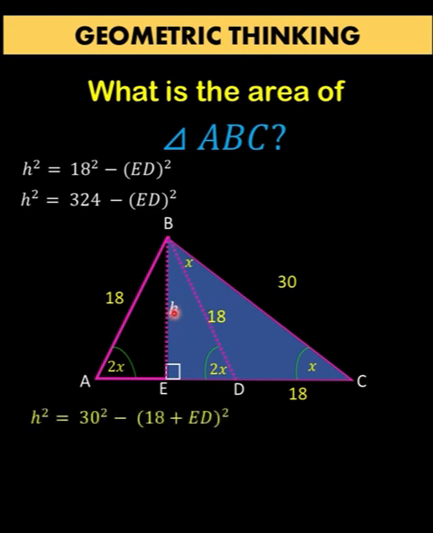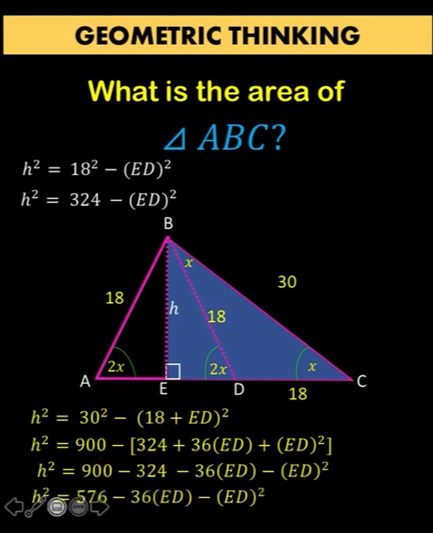So h squared, which is the square of one of the legs, is equal to the difference between the squares of the hypotenuse, that is 30 squared, and the remaining leg, which has a length of 18 units plus whatever is the measure of segment ED, and square that. 30 squared is 900, and this is a square of a binomial that is expanded this way, and further simplifying, we arrive at h squared equals 576 minus 36 times the length of segment ED minus the length of segment ED squared.